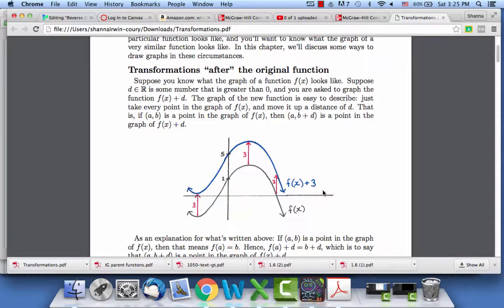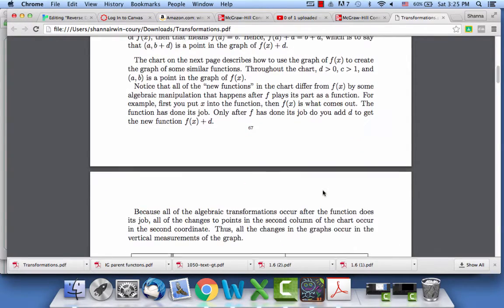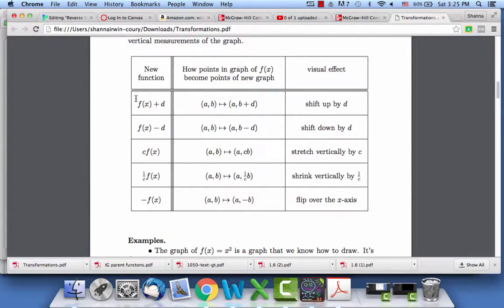So they're kind of outside of f of x. If you look down here, you've got f of x and then a plus d on the outside, a minus d on the outside. A number times it on the outside, and the same here. It's just a c we'll assume is greater in absolute value than 1, so that 1 over c is a fraction less than 1.